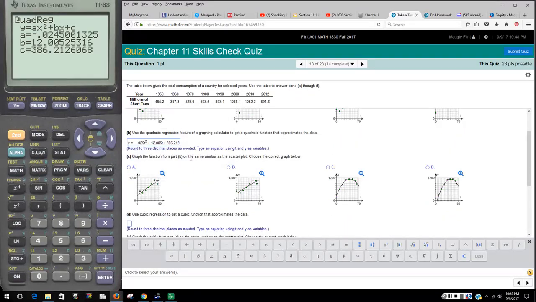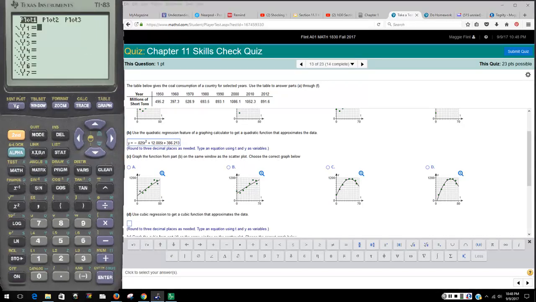And then it says graph the function on the same window as the scatter plot. Okay, go to y equals, type in this equation, except you have to use x, not t.